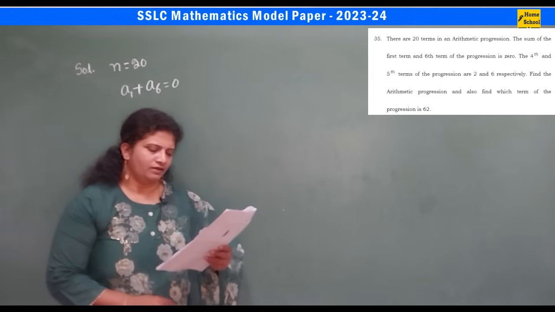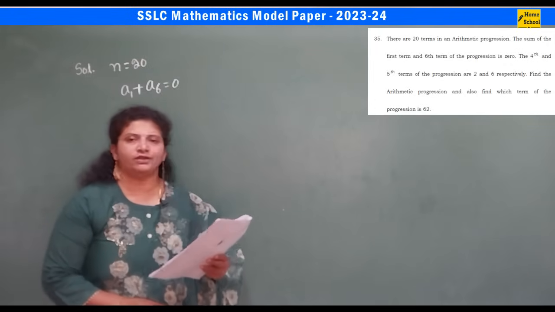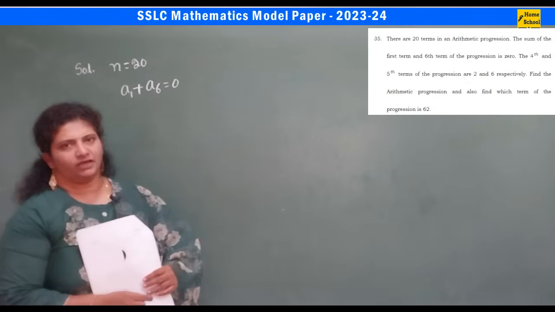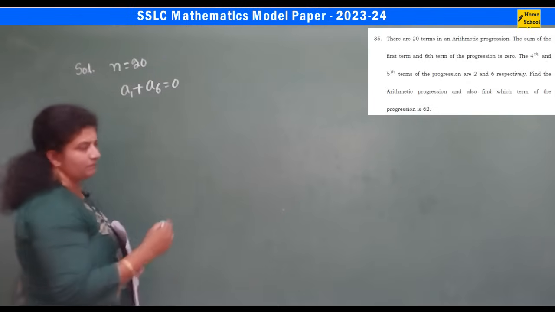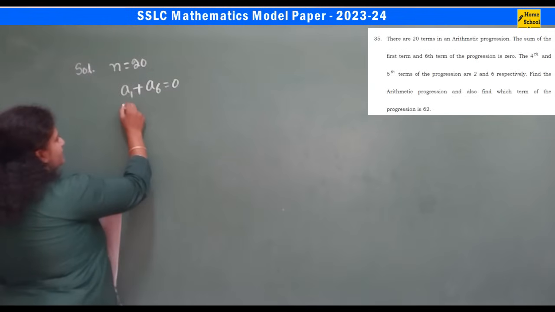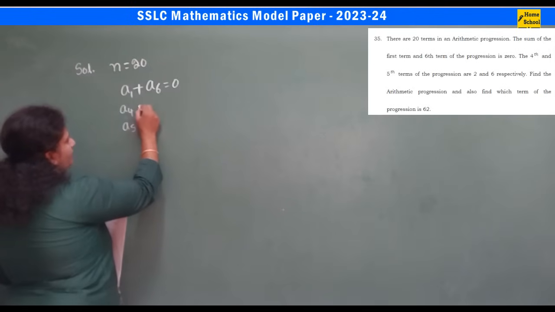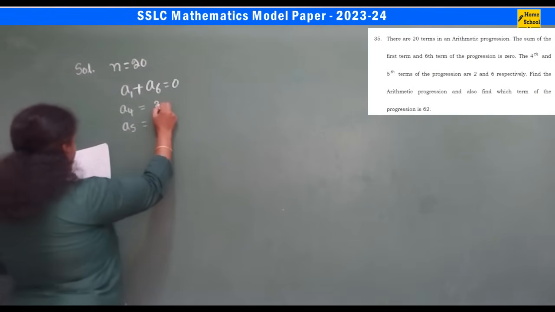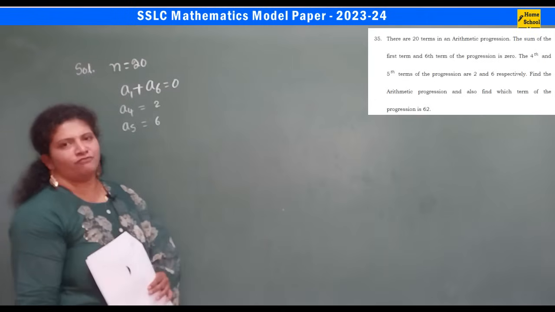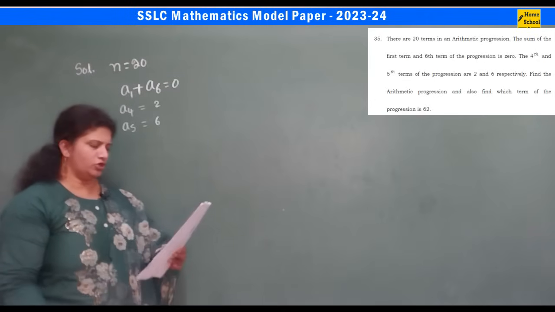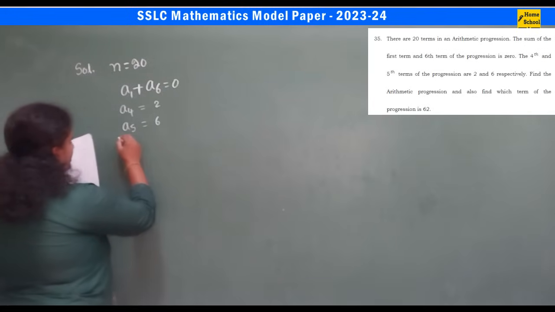And the next line, the fourth and fifth terms of the progression are 2 and 6 respectively. So what is given? The fourth and fifth terms are 2 and 6 respectively. That means A4 is equal to 2, A5 is equal to 6. Find the arithmetic progression.